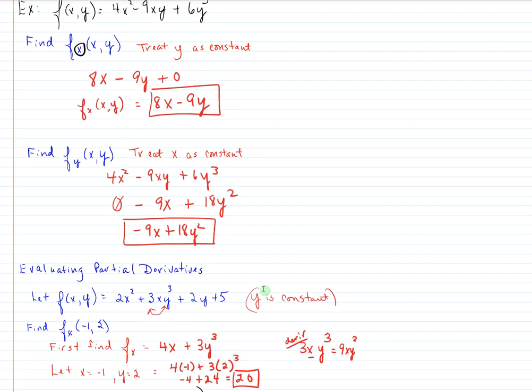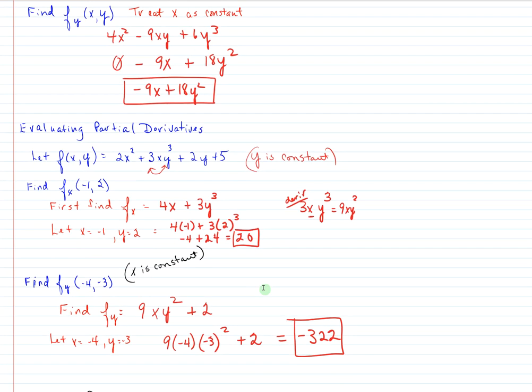Then if we're evaluating partial derivatives, we take the derivative and then we plug in. So if f of x,y equals this, and we want to know f_x of negative 1, 2, we're going to take the derivative of this polynomial, considering that y is a constant. So first we'll find f_x. That means we've got 4x plus, now we're letting y be the constant.